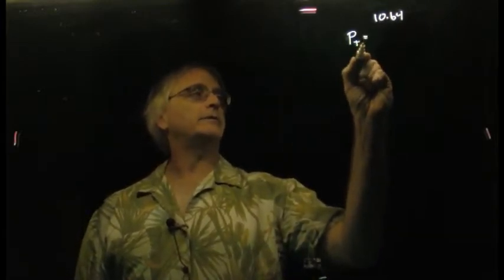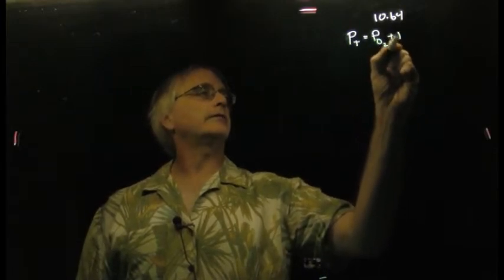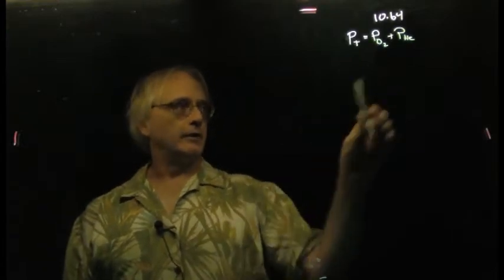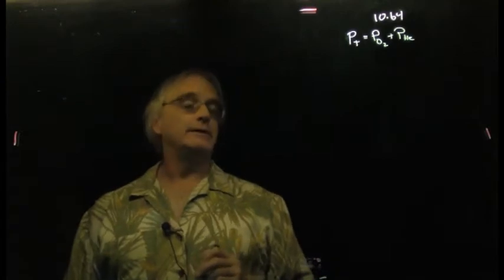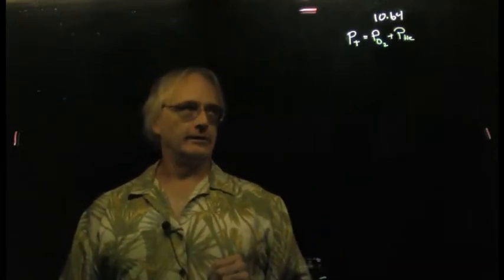For us, in this particular problem, it's the pressure of the oxygen plus the pressure of the helium. Our strategy is going to be to calculate the partial pressure of oxygen, then the partial pressure of helium, and simply add them together. That's what is going to get us our final result.